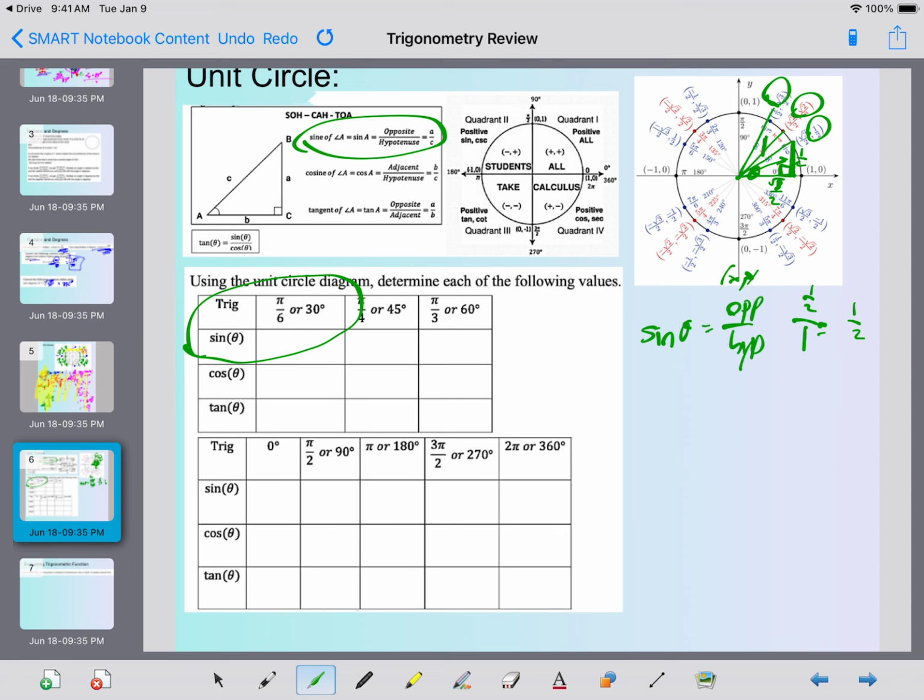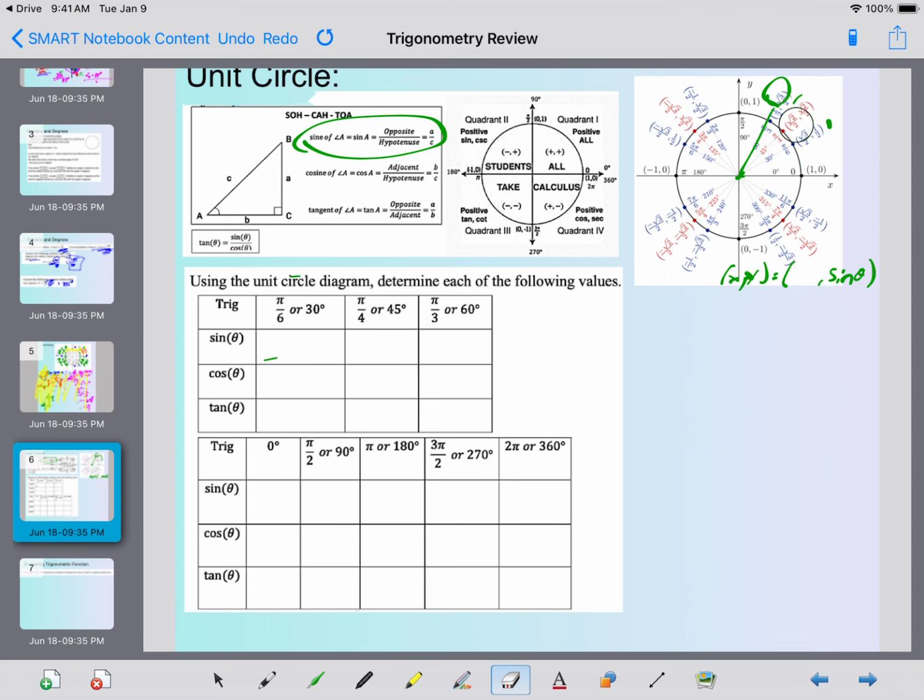So rather than doing all this work, right? Sine is your y value. Sine of 30 is 1/2. Sine of 45 is radical 2 over 2. Sine of 60 is radical 3 over 2.